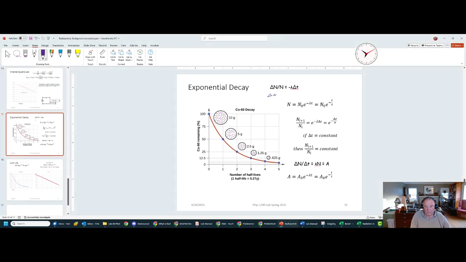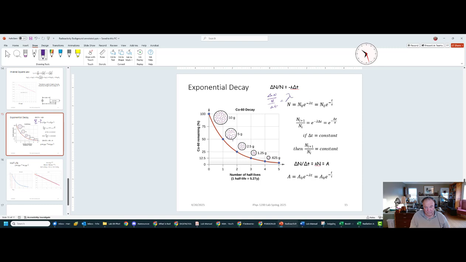So let's see, delta N over N divided by delta t equals lambda. Right, so the fraction that decay, the number that decay divided by the number that exists, per time is a constant.